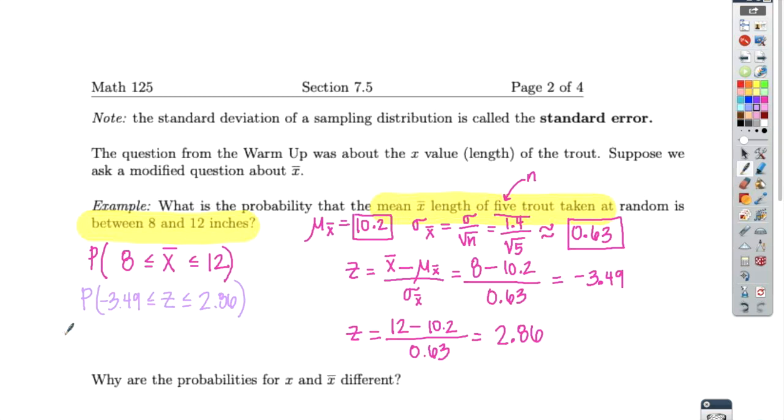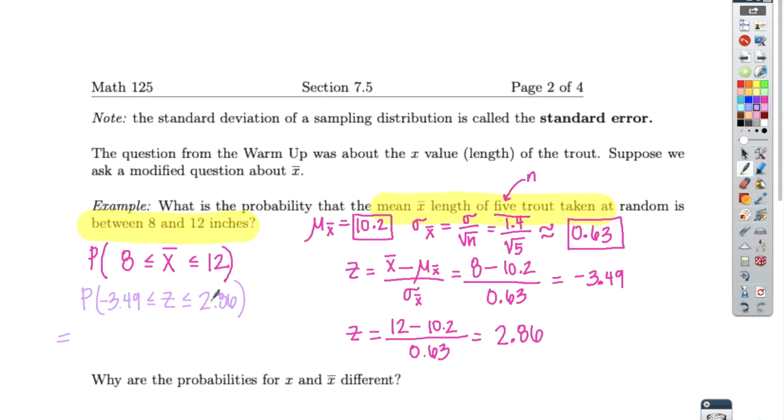Okay, so I'm going to reference that table that you've marked at the end of section 7.3. And let's see, the larger area, so the one for 2.86. Now, if you haven't had a chance to find it, pause the video now and find these two areas from the table.